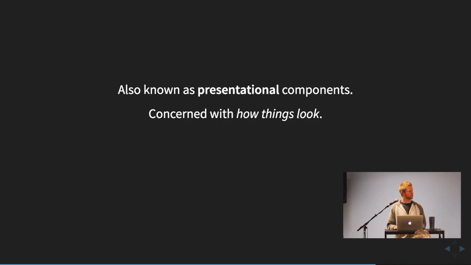Those are components that are designed to be reusable. They're not really concerned with the business rules of our application. They may be concerned with things like dates and calendars and stuff like that, but they tend to be highly configurable, highly reusable. And so those things aren't dependent at all on our application state.